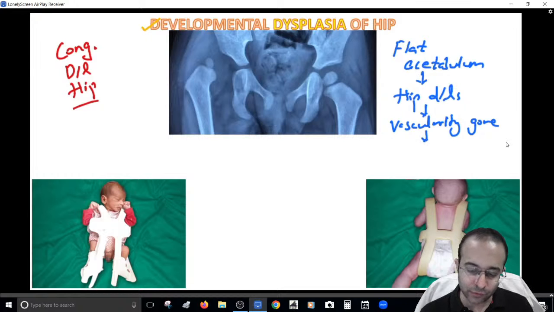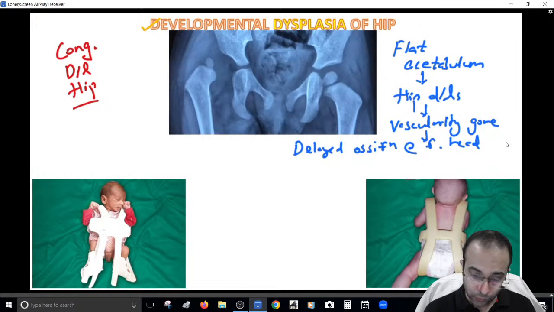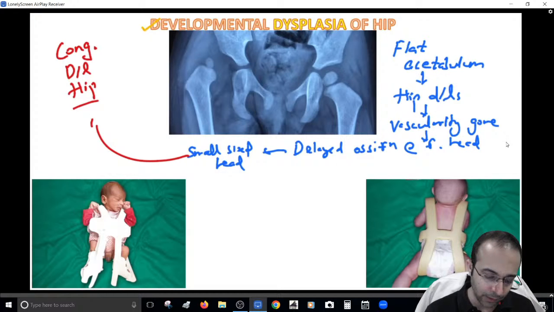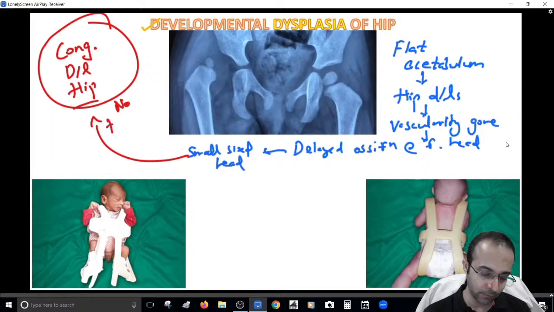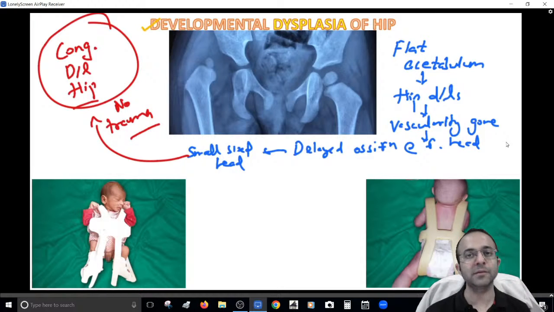Now because of this vascularity gone, you find a delayed ossification happening in the femoral head. So this femoral head will be small sized head, and this small sized head will dislocate without any injury, no trauma, just by itself it will dislocate. So congenital dislocation of the hip, painless, no trauma, no injury, painless.